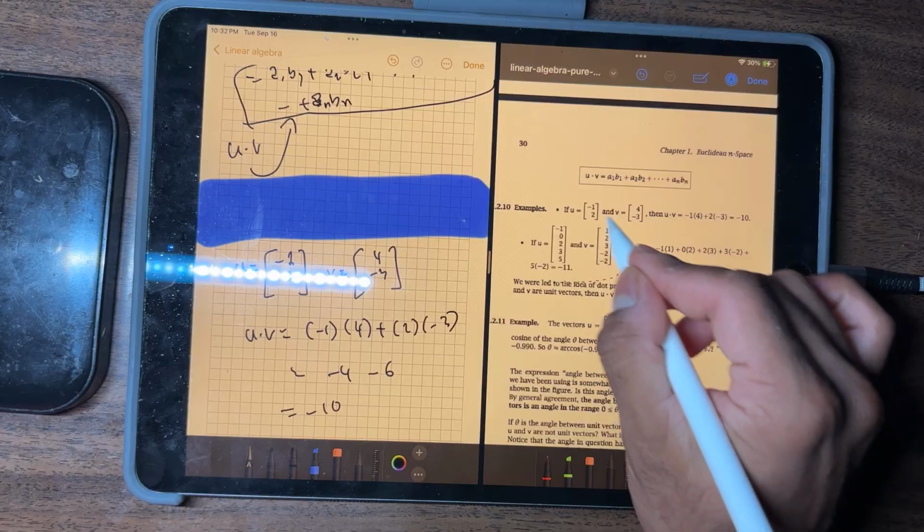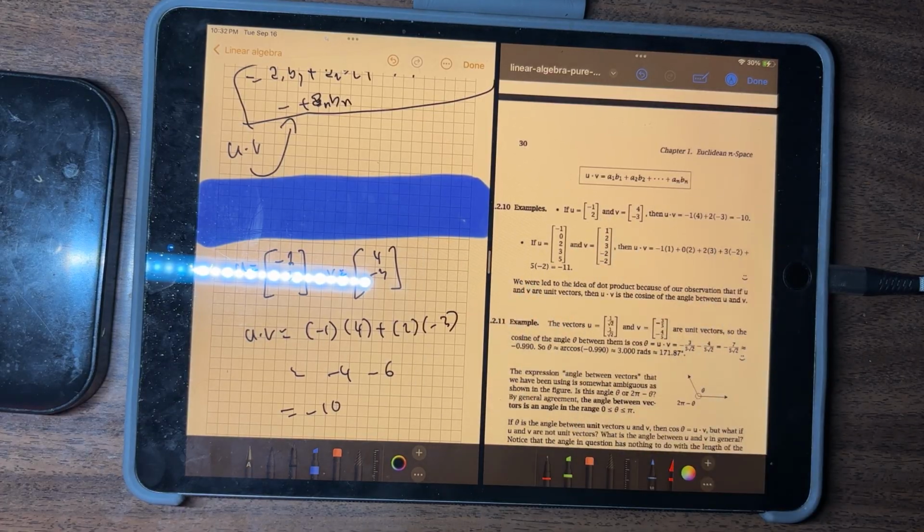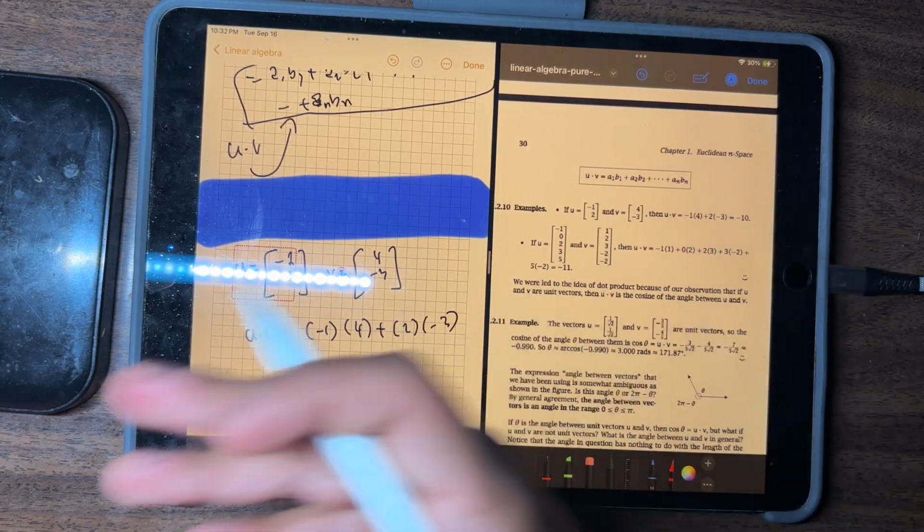And I would do the same thing even if I have a 5 vector component, 6 vector component, 7 vector component, it doesn't matter.